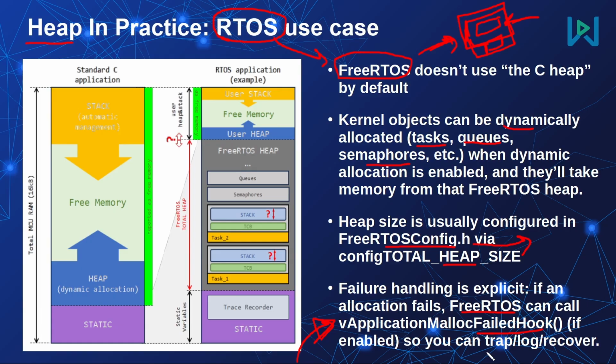Hence the user will be able to trap right away any failures when it comes to heap allocation and deallocation. And this is of course much more robust in terms of heap memory management compared to the standard way of heap allocation and deallocation within a standard C program.